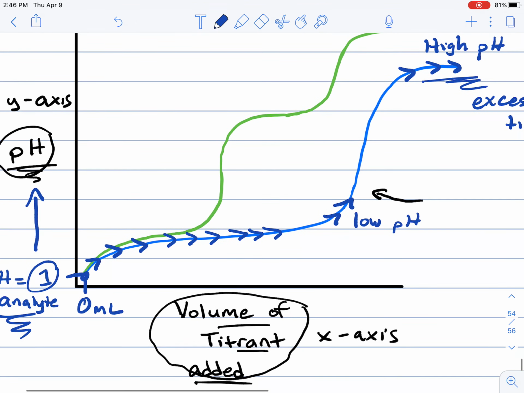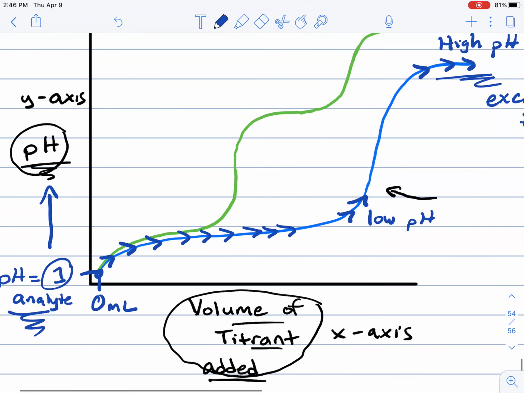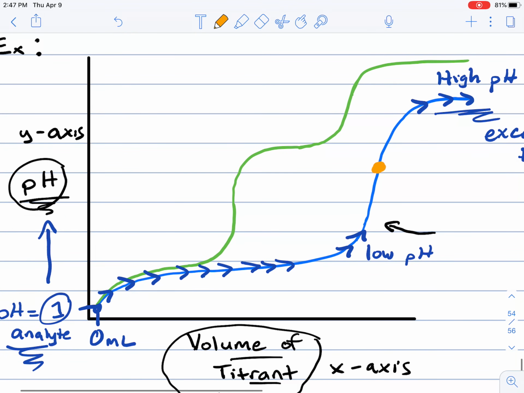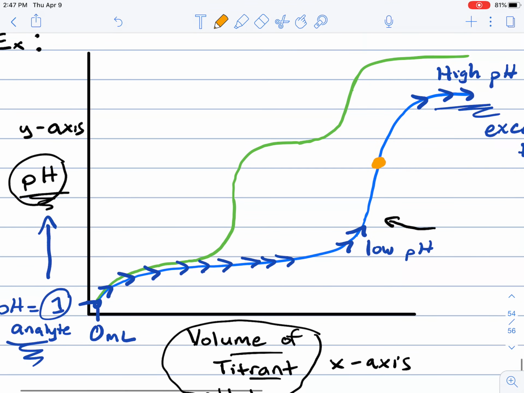Now, what's really cool about this titration curve is that if we take the middle point, and there's many ways to quantify the middle point, and I really wish that we could do so. Maybe I'll develop a digital lab for it if I have time. If we look at this middle point that I'm coloring in orange, that's going to be the end point.